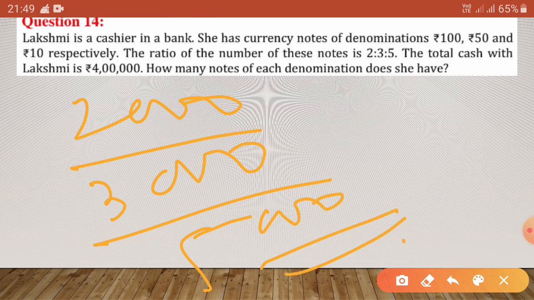Therefore the required denominations are: notes of 100 rupees is 2000, 50 rupees is 3000, and 10 rupees is 5000 respectively.